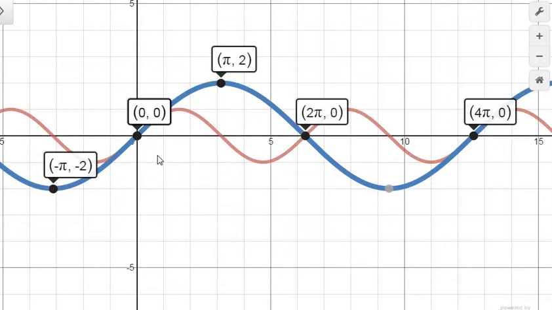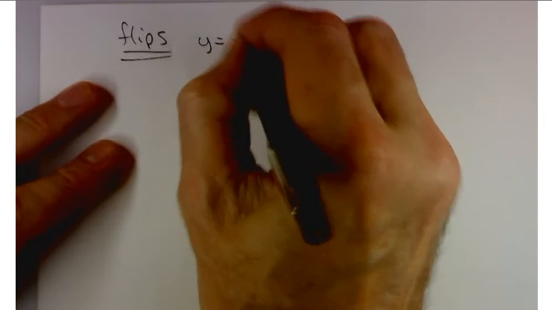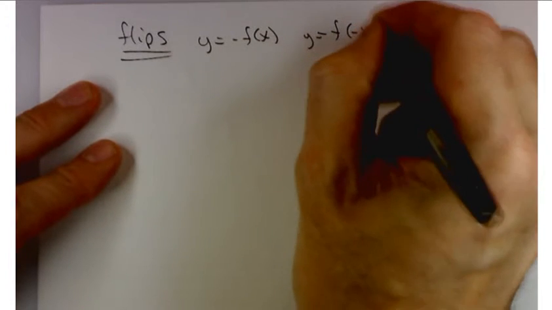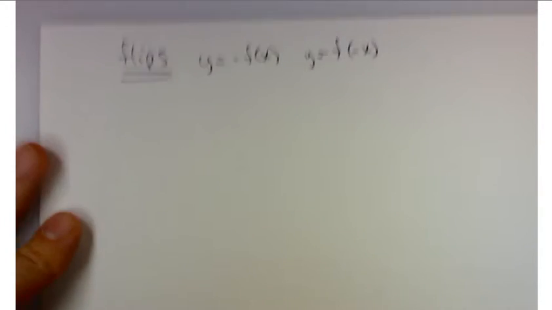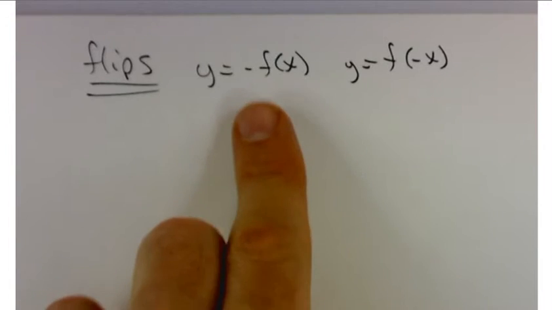There's 2 flips that we can do for our graph. y equals negative f of x, and y equals f of negative x. And one thing that you can kind of get used to is this. When you're doing something outside of the function, that is outside of f, that's going to affect things in terms of the y coordinate. Inside is going to affect things in terms of the x coordinate.